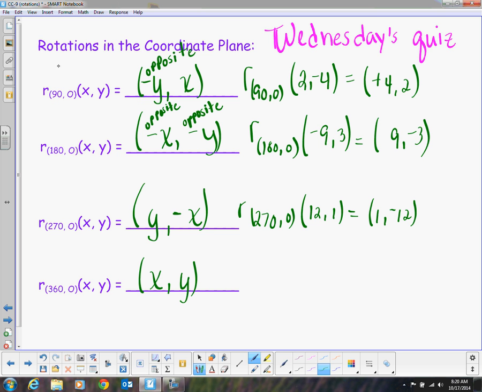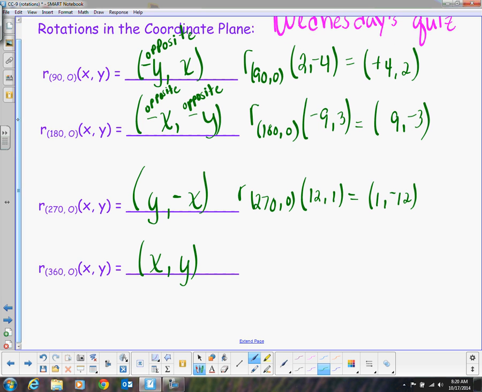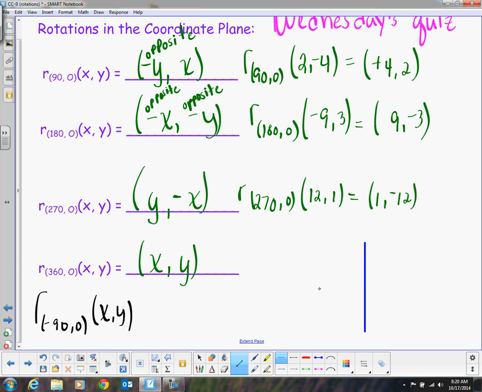So now, Lizzie brought up a good point. What if we needed to do a negative rotation? What's the rotation of a negative 90 at the origin of x, y? Okay? So let me draw you a picture. All right, so we're going to start here.